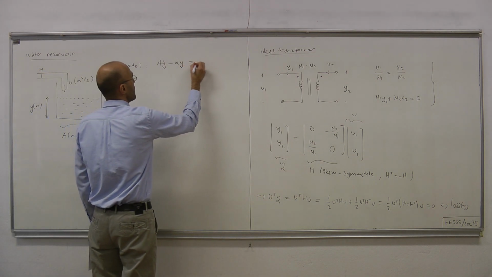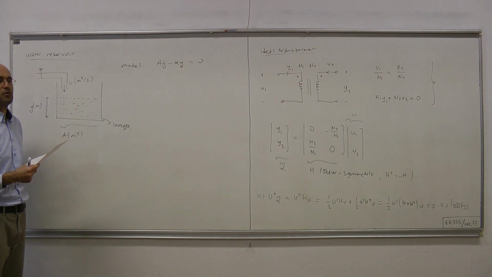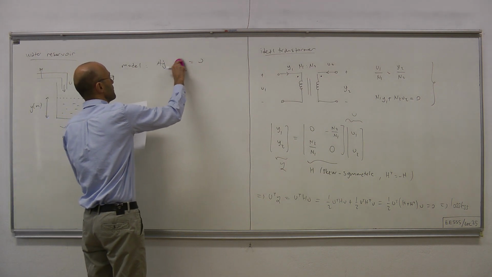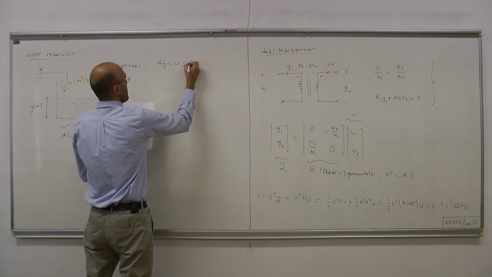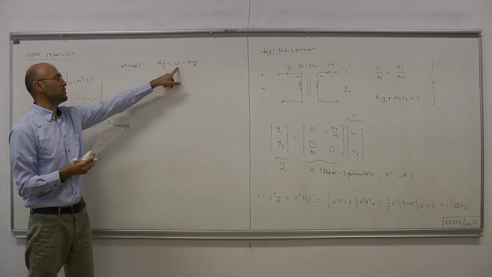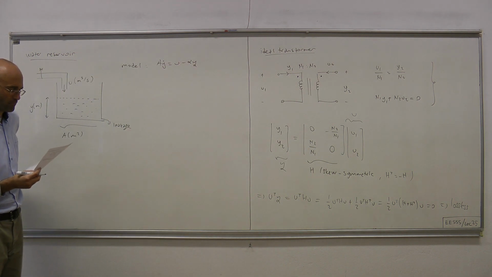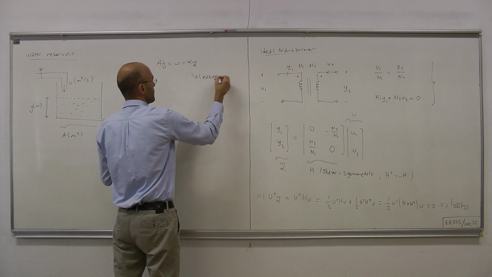And now these two terms together equal the water supply to the system. Excuse me, this should be on the other side: A y dot equals u minus alpha y. This is plus, and this term is minus, and alpha is positive. This is the leakage term.